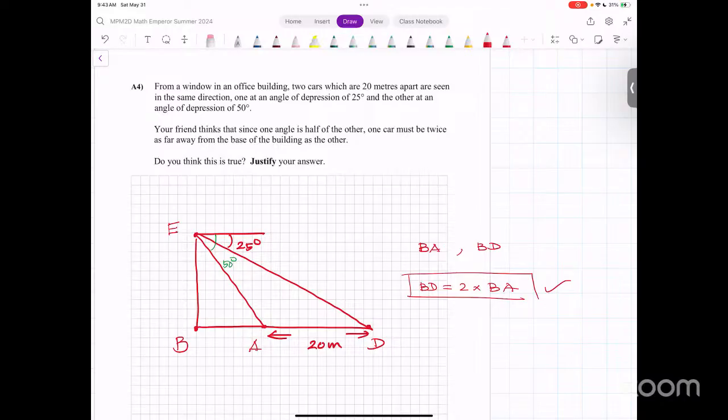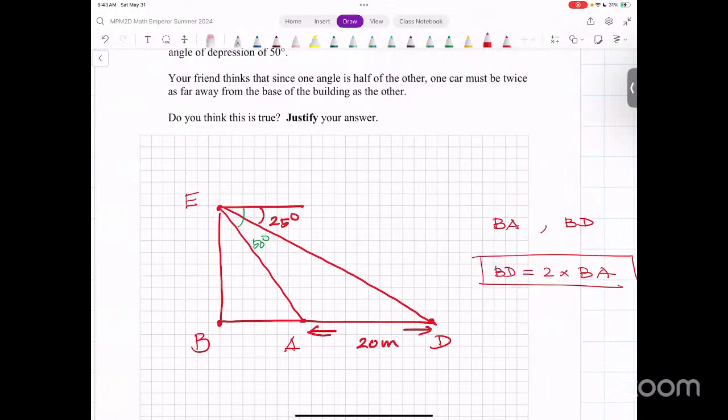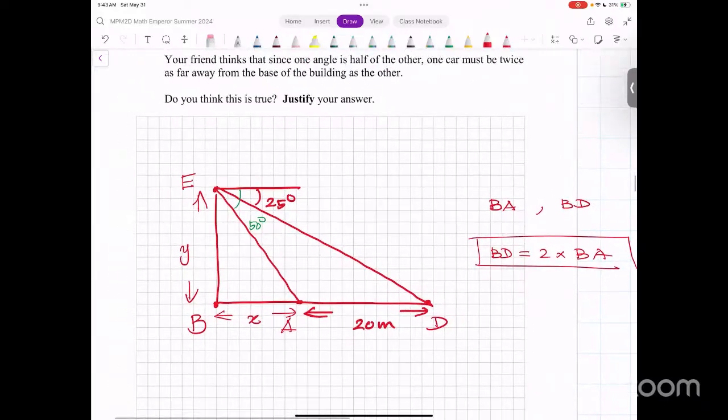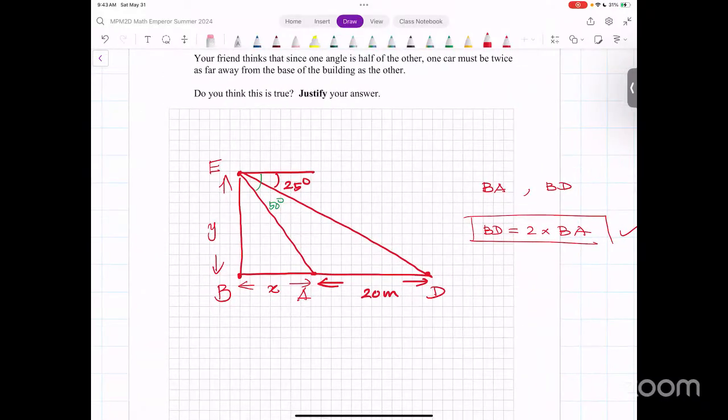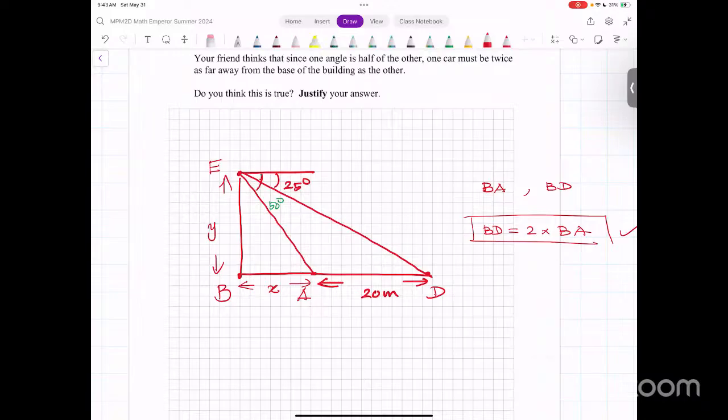All right. Not a quite easy problem, so let me show you what to do. Let's go back here. I don't know this distance, so I'm going to call it X. I don't know this distance, so I'm going to call it Y. We're looking at a triangle. First, this angle is 50 degrees. When this angle is 50 degrees, we know that the other angle must be 40 degrees, isn't it?